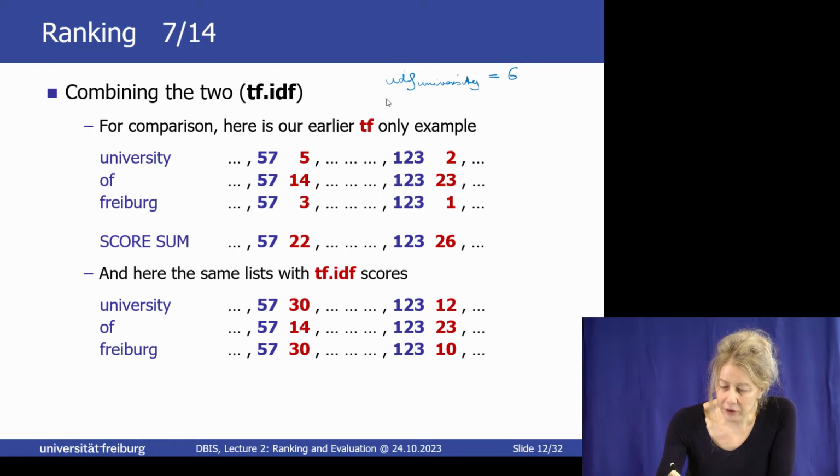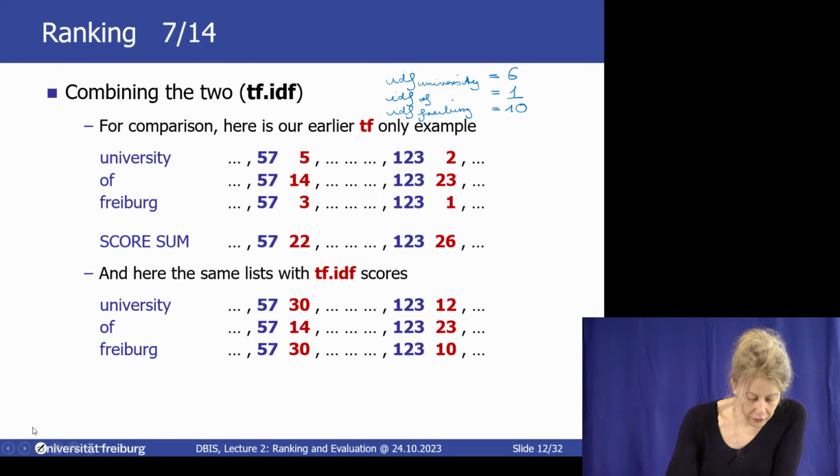So that was like medium. The IDF of "of" was 1, very low, yes, great. And the IDF of "Freiburg" was, yeah, exactly, 10. So let's just maybe write it on.